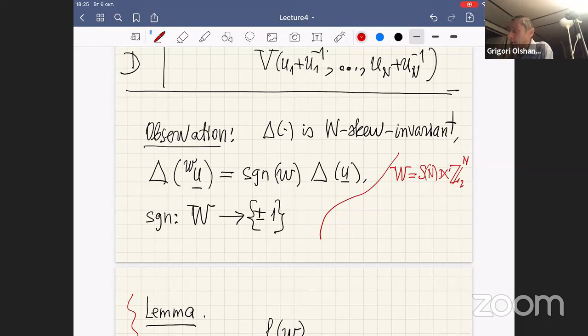So the sign character is the usual sign character on the symmetric group, and the character on this group which assigns to each inversion the minus sign. But in the D case, we have a smaller group, and the sign character is trivial on this component.